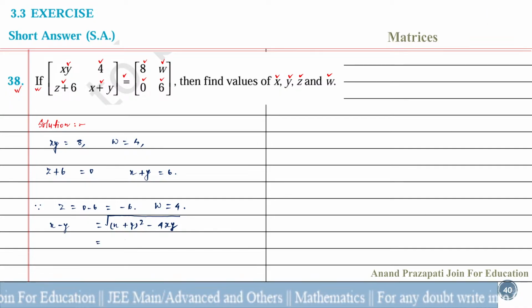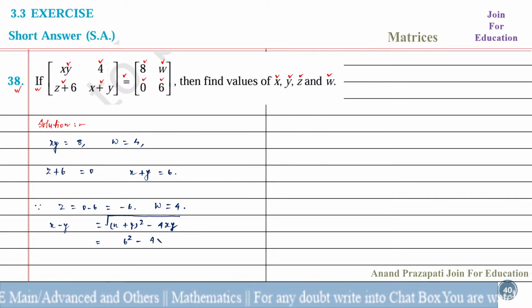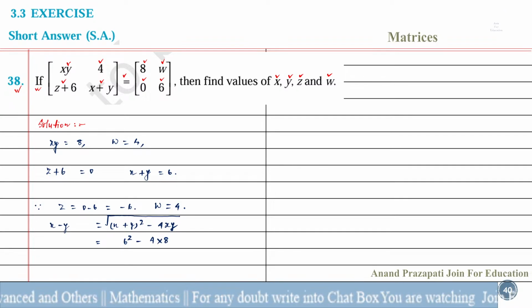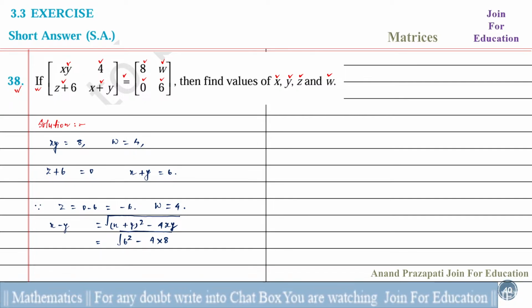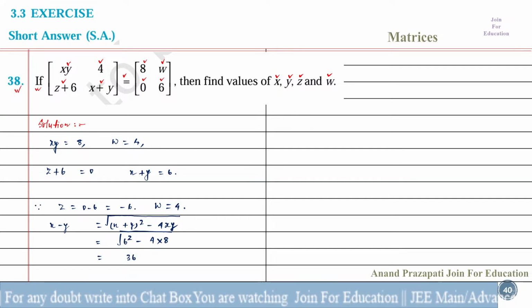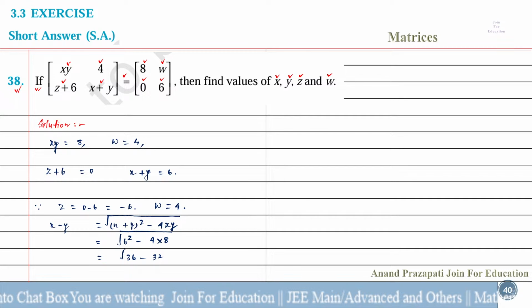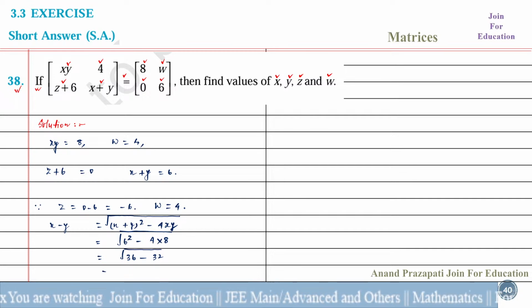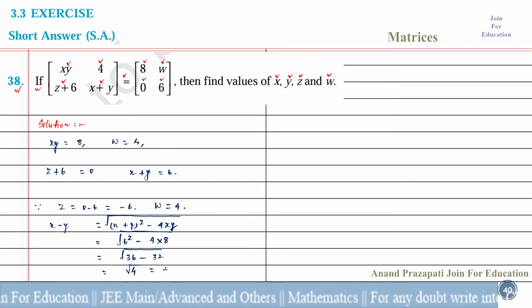Therefore, x minus y equal to the square root of 6 square minus 4 into 8, which is 36 minus 32, the square root of 4, equal to plus or minus 2.